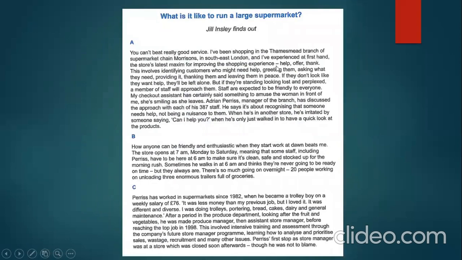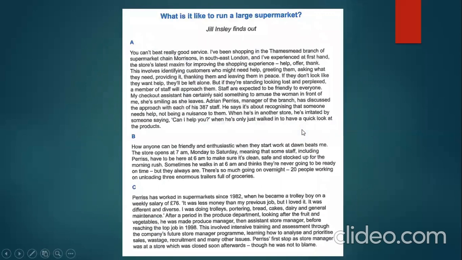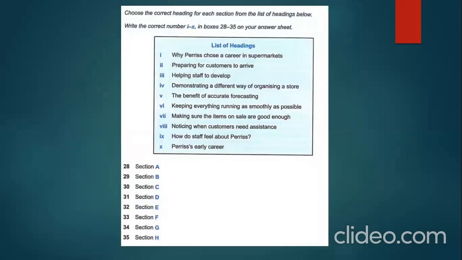So if you have read the paragraph, you should be able to decide which heading fits best for paragraph A. Then you'll be reading paragraph B, and then you'll be able to decide which heading is appropriate for paragraph B. But this needs practice. Again, this needs how you read, how you practice, and how you apply the tricks that I will teach you in this course.